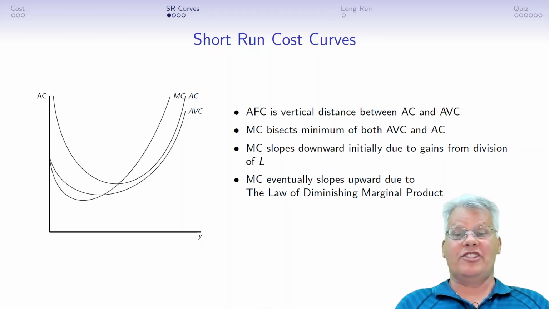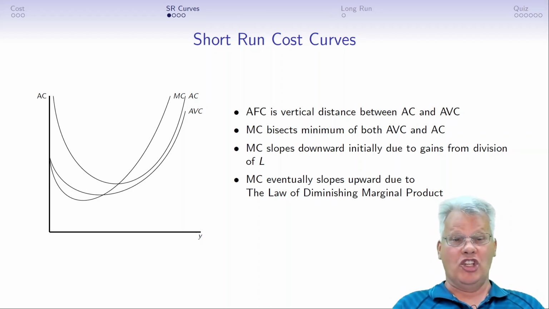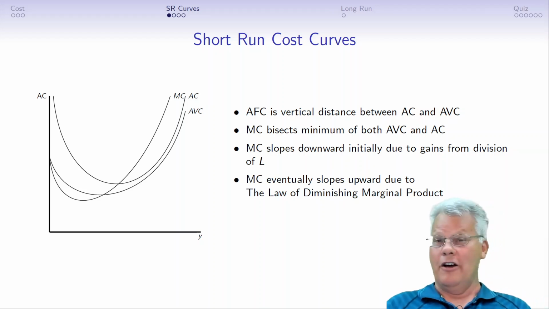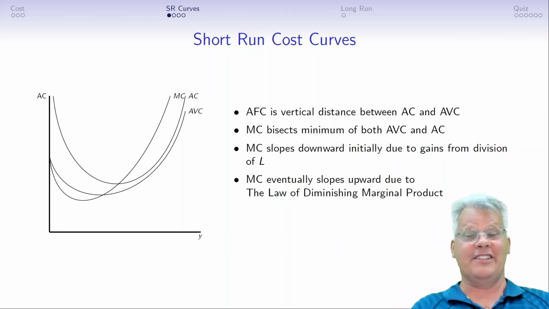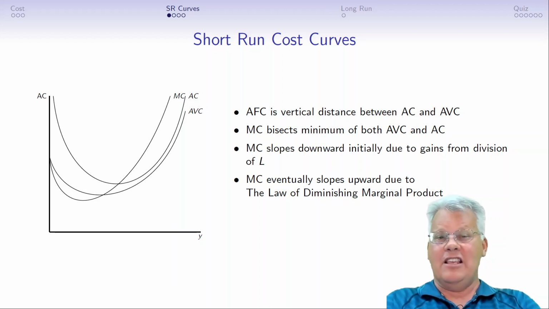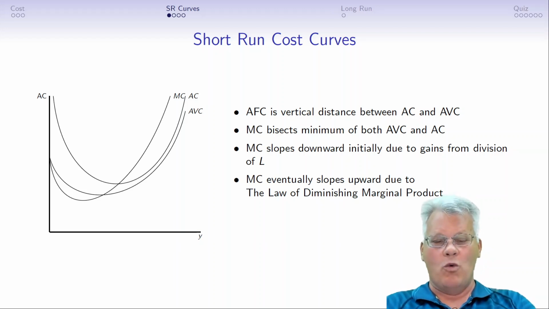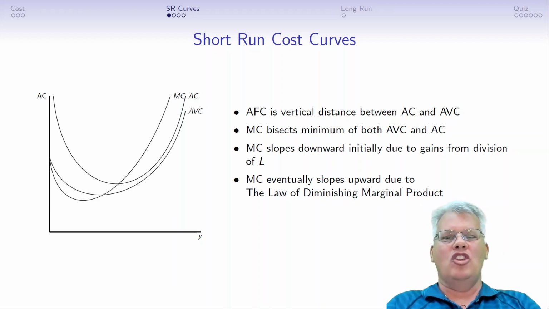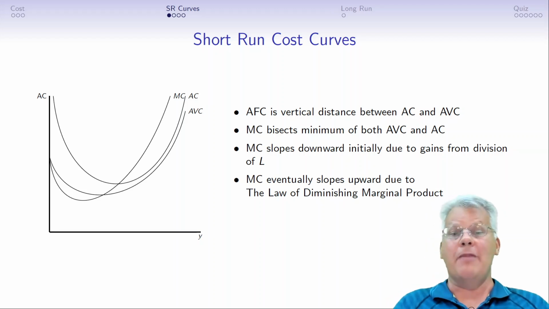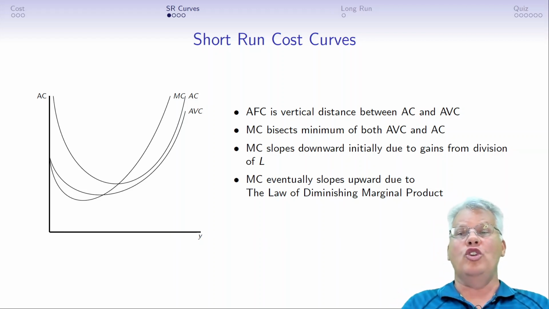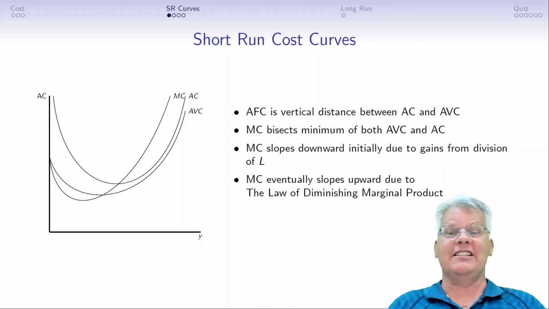The marginal cost curve slopes downward initially due to gains from division of labor. So this was the story of Starbucks that I told in the previous slide. As the Starbucks store goes from 1 to 2 to 3 laborers, they can divide the tasks and have specialization of labor, division of labor and specialization, and that reduces marginal costs at least initially.